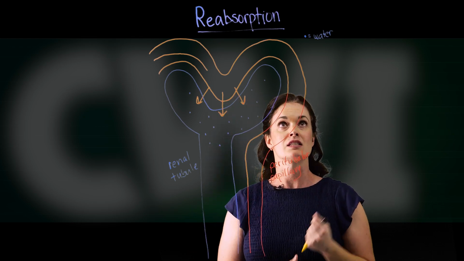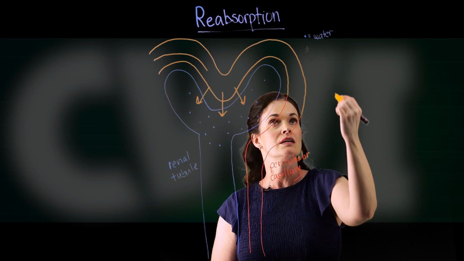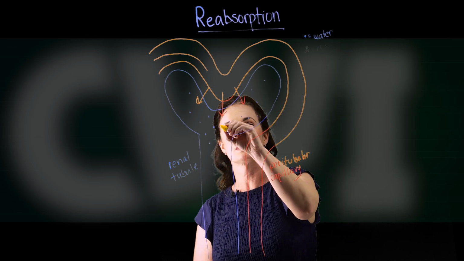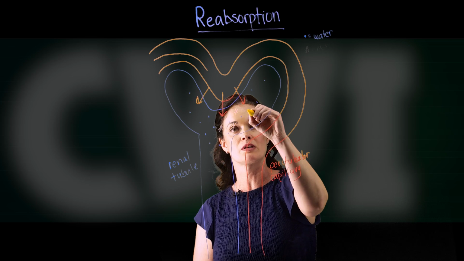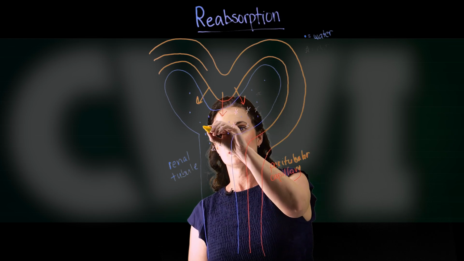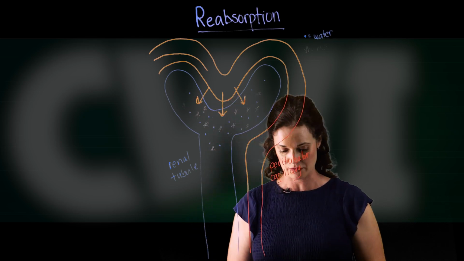Another thing that gets filtered out, and this is actually the primary solute that's in the filtrate, are sodium ions. So I'm going to use little stars to represent sodium ions that have been pushed out of the blood and moved into this glomerular capsule, or Bowman's capsule, through the process of filtration.